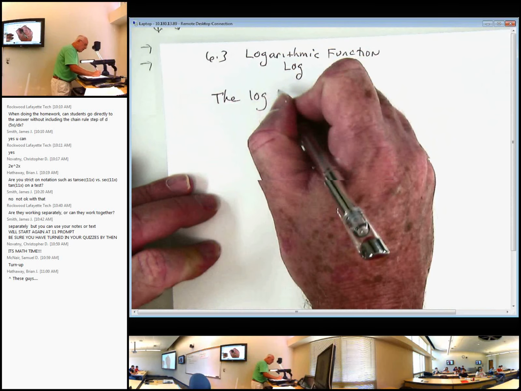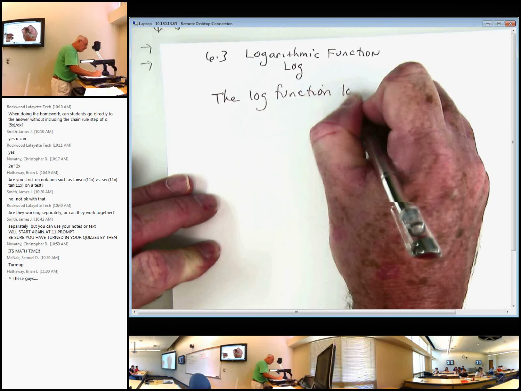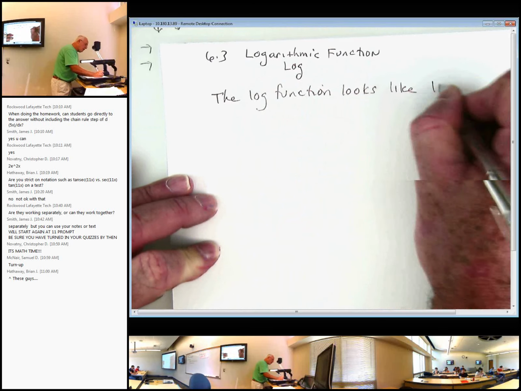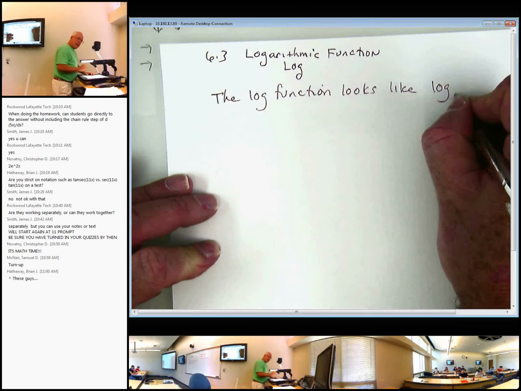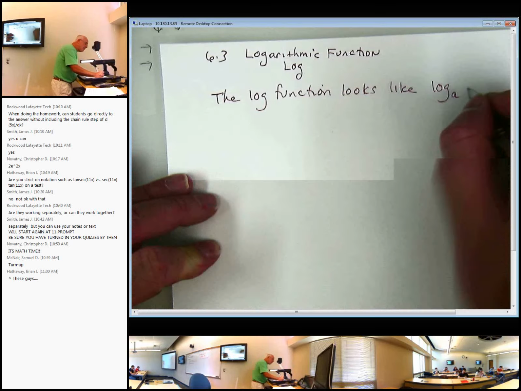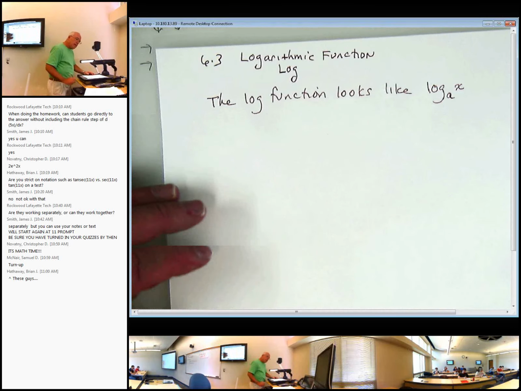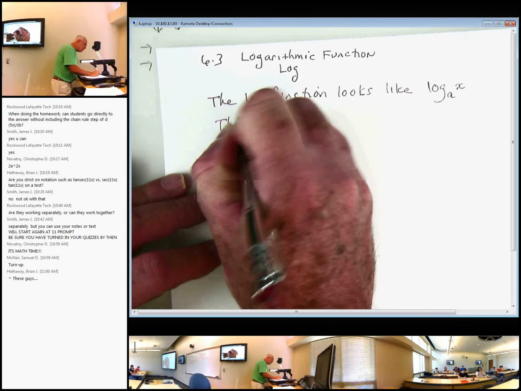The log function looks like this: you've got the letters log, you've got a base a, and you've got some expression here, we'll just call it x. All right? And this really equals an exponent, or power.